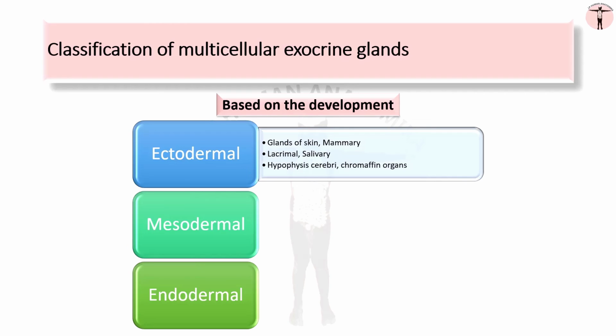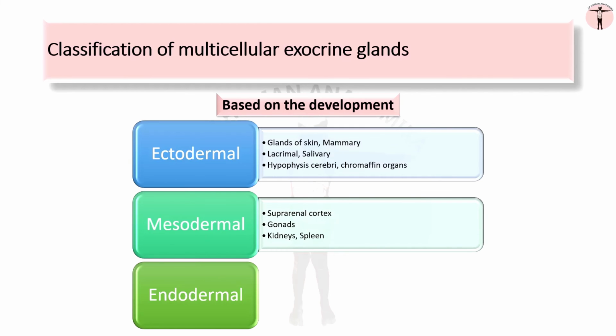Glands of the skin, mammary gland, lacrimal gland and salivary glands along with hypophysis cerebri, chromaffin organs develop from ectoderm. If the gland develops from the germ layer mesoderm, it is called mesodermal gland. Suprarenal cortex, gonads, kidneys, spleen develop from the mesoderm.